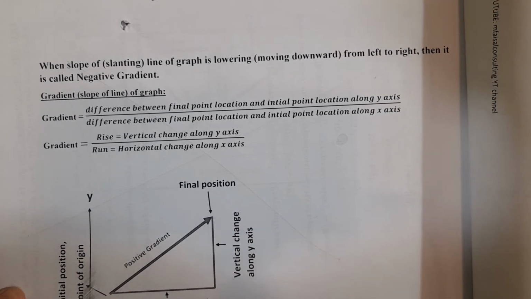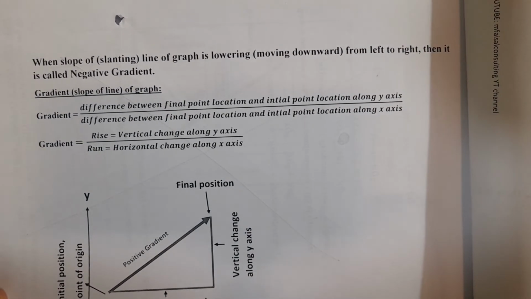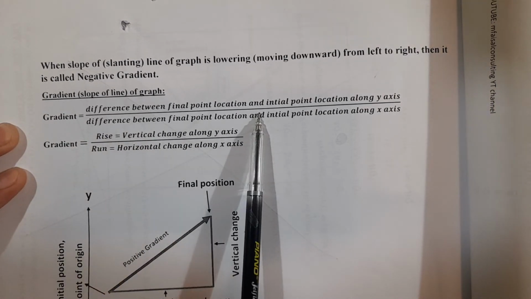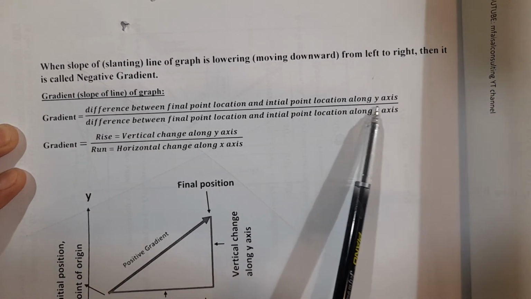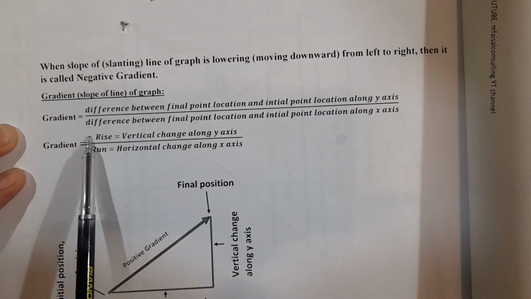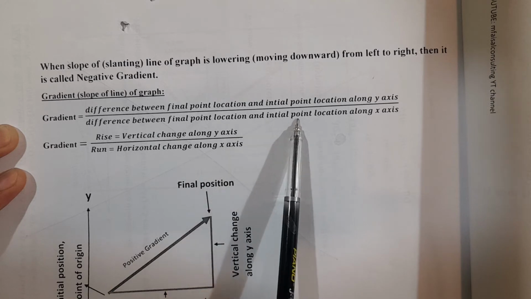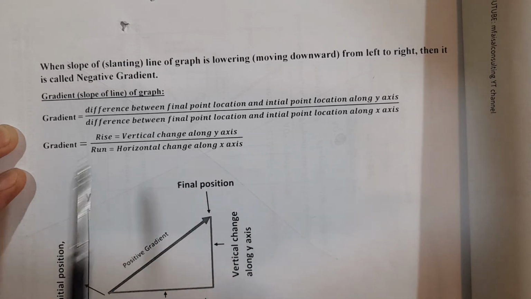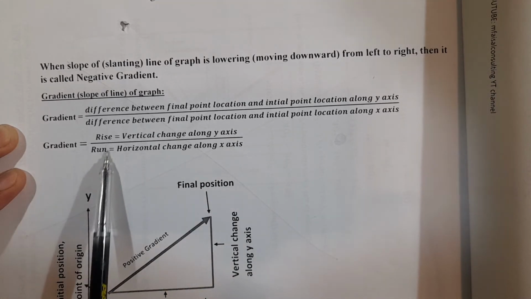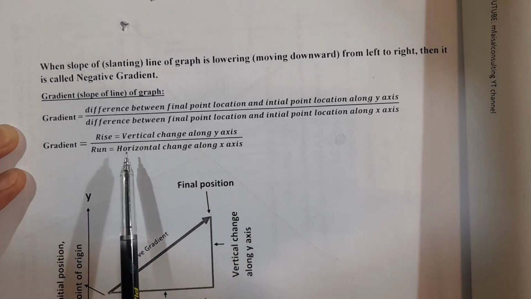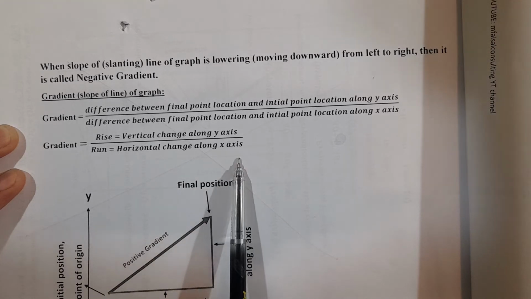Now the definition of gradient. What is gradient? It is the difference between the final point location and initial point location along the y-axis, divided by the difference between the final point location and initial point location along the x-axis. Or simply we can say gradient is equal to rise divided by run, or gradient is equal to the vertical change along the y-axis divided by the horizontal change along the x-axis.